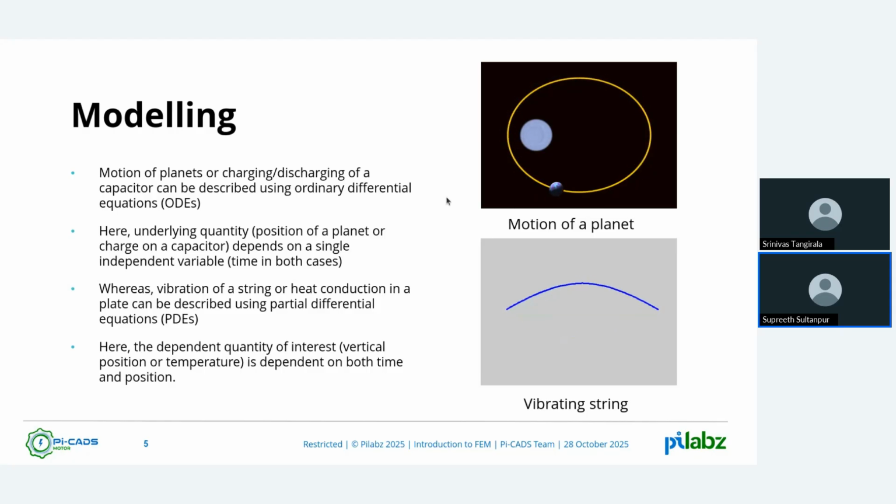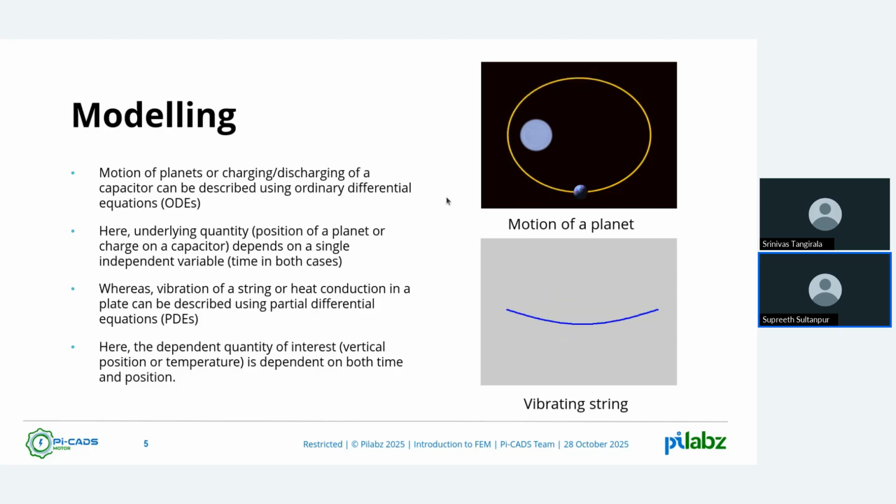On the other hand, we have shown a vibrating string, and it's going up and down. You can look at any point on the string, where the y position of that point will be dependent on where it is on the string as well as the time. For example, if you look at the leftmost end of the string, it's always 0.